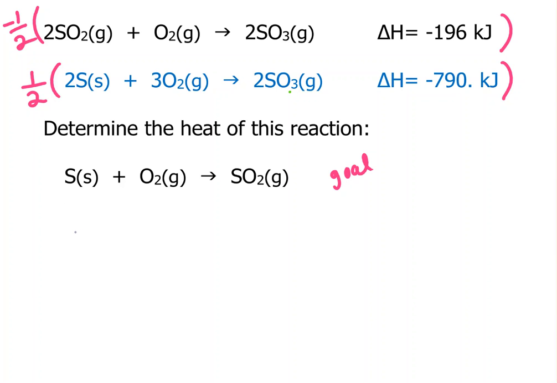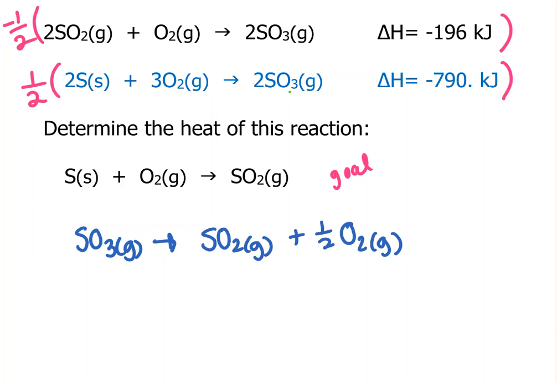So the top equation, forgetting my dividing a lot. Here we go. Okay, and then on the delta H, I'm multiplying this by -1/2, so it'll be a positive, and it'll be a 98 kilojoules.